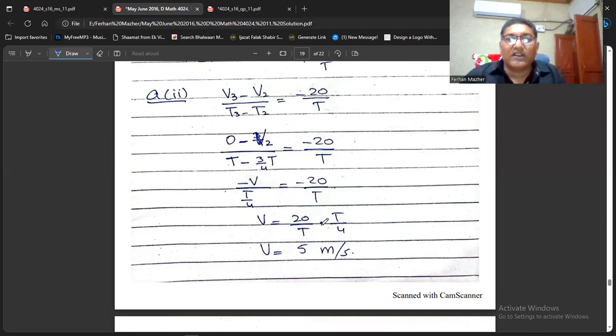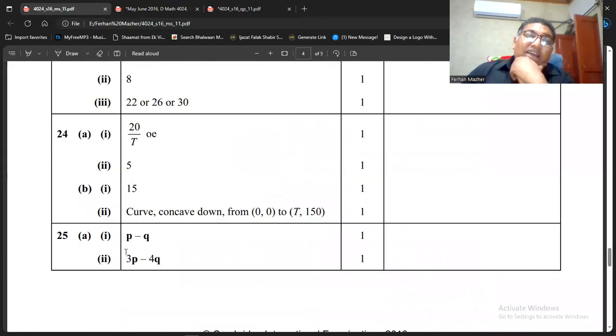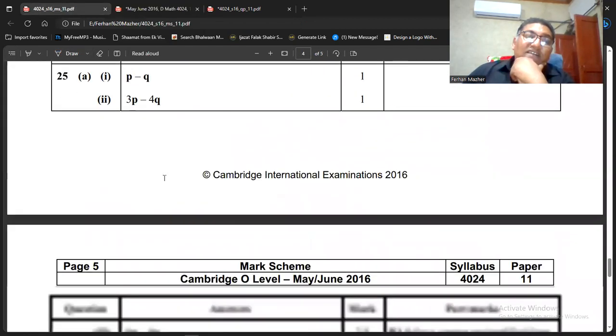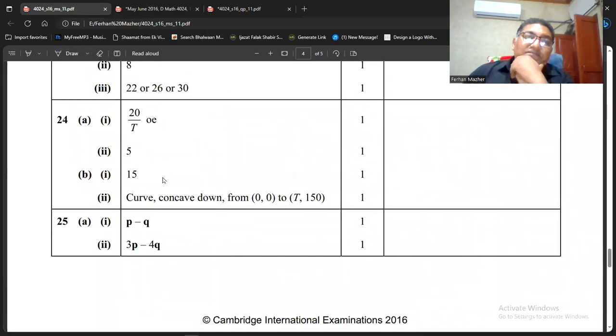V is equal to 20 by T into T by 4. T is gone, 4 and 20 are cancelled. You have 5 meters per second. 5 meters per second is the answer, sir.